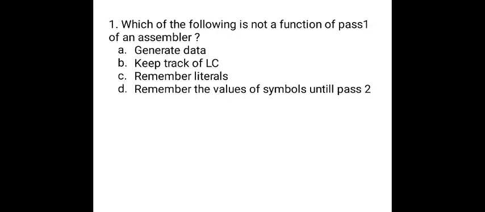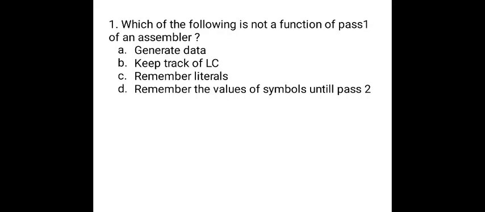Which of the following is not a function of pass 1 of an assembler? So you have to tell which is not being done by pass 1 of an assembler. Option 1 is generate the data, then keep track of literal LC, remember the literals, remember the values of symbols for pass 2. So just now we have told that in pass 1 we keep track of your location counter.